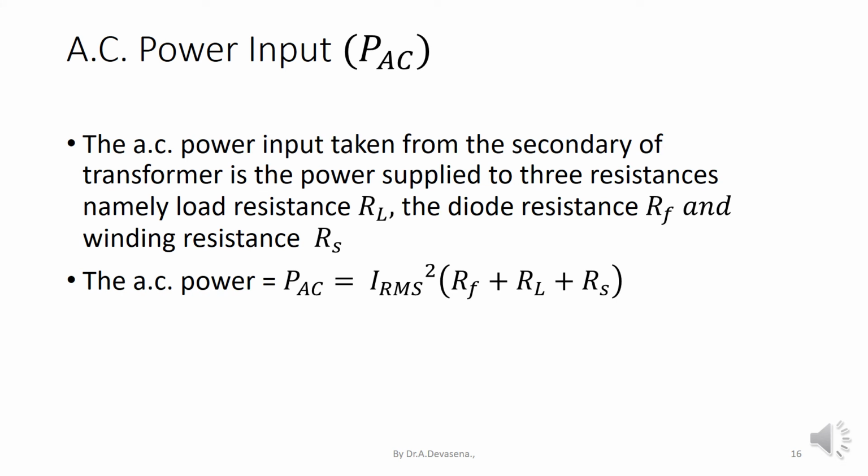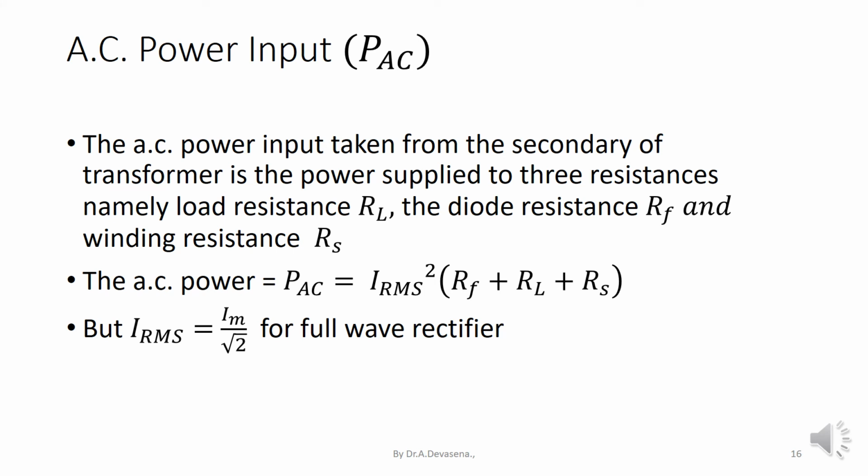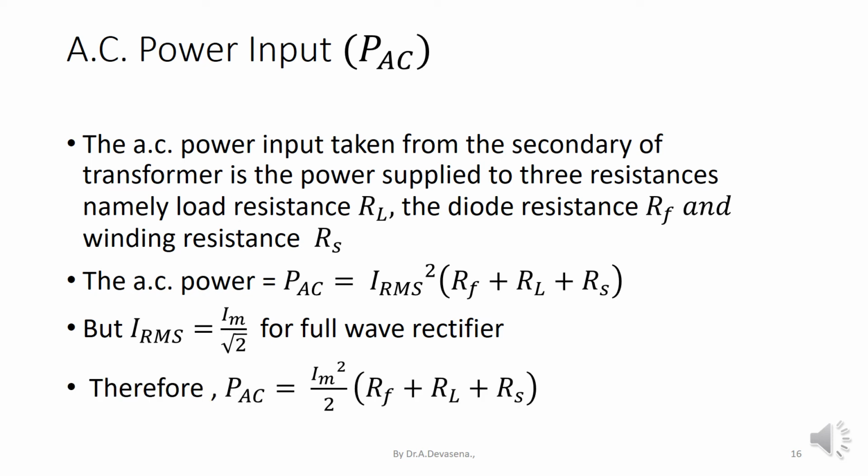This is equal to Irms square into RF plus RL plus RS. We know the value of the Irms. That is, Irms is equal to Im by root 2 for the full wave rectifier. Therefore, P suffix AC is equal to Im square by 2 into RF plus RL plus RS.